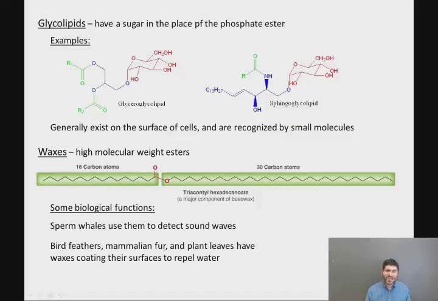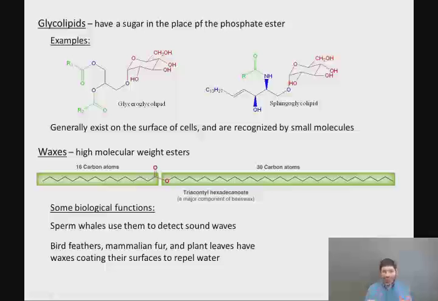And then I just want to leave you with some other biological functions of waxes. So, sperm whales use waxes to detect sound waves. So, whales can map out their environment using sonar. And then waxes also tend to be found in bird feathers, mammalian fur, and plant leaves.